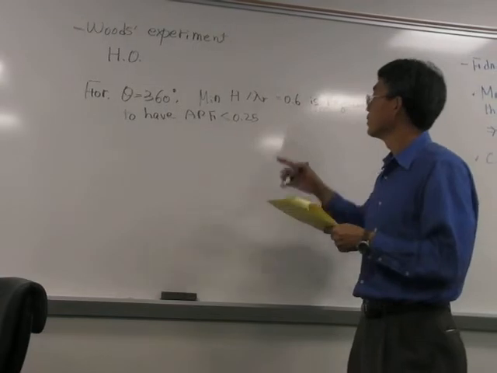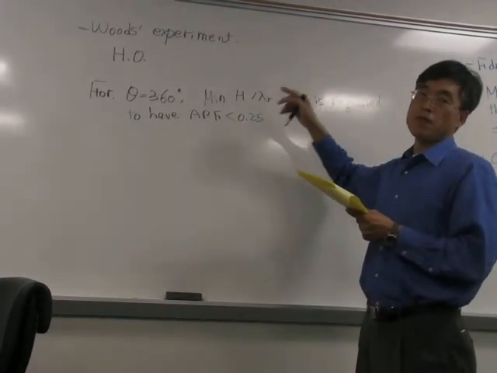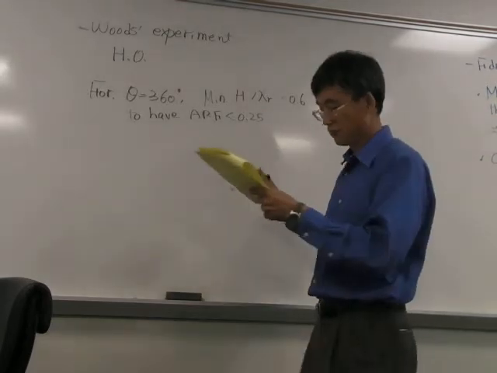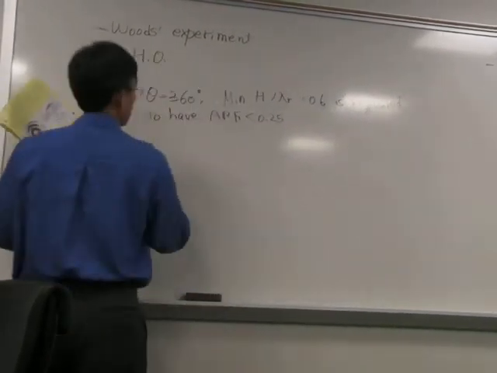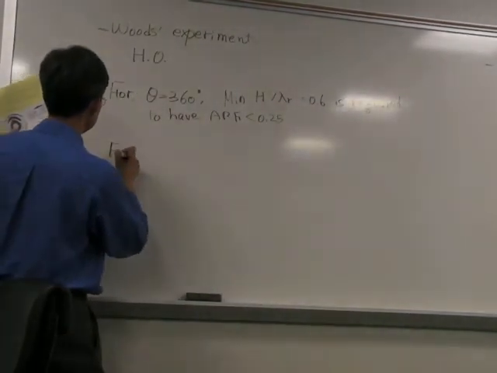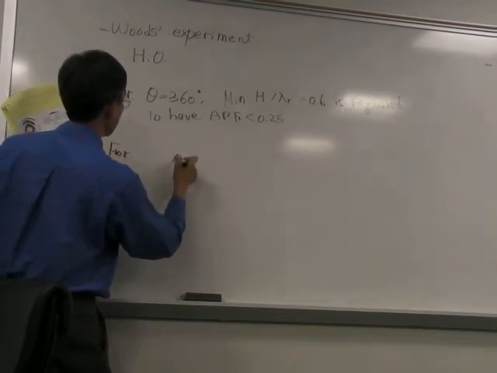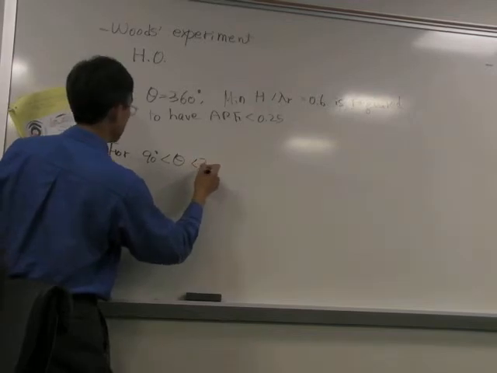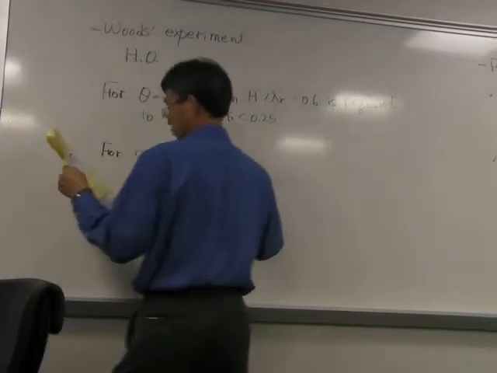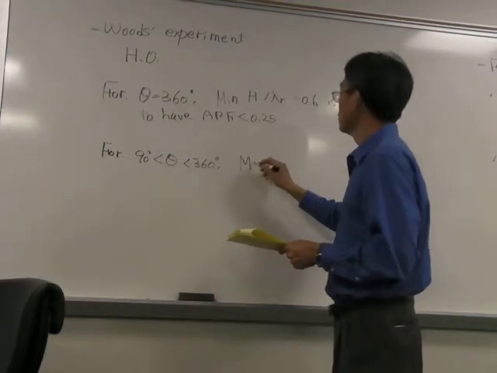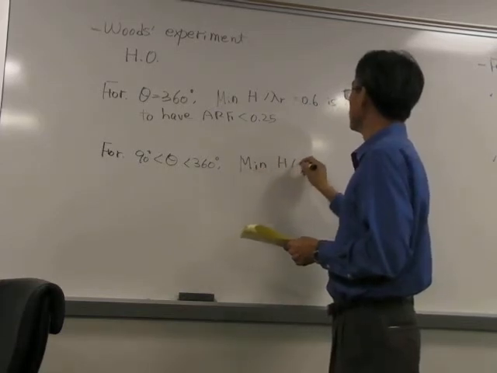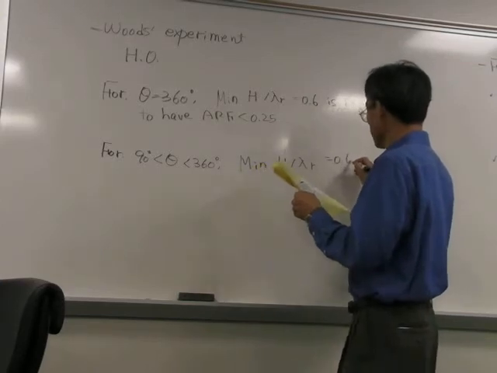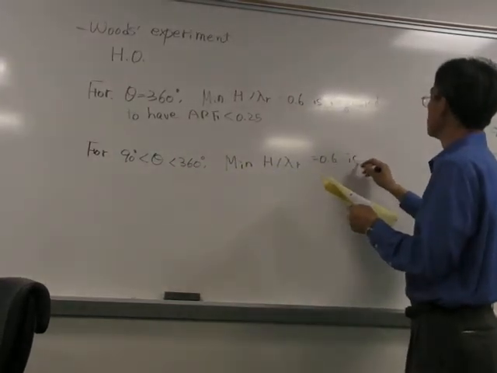Again, how did he come up with this number? From his experimental results. And for theta from 90 degrees to 360 degrees, a minimum h over lambda r of 0.6 is required.